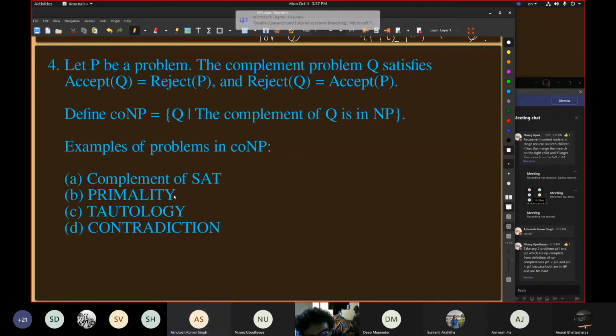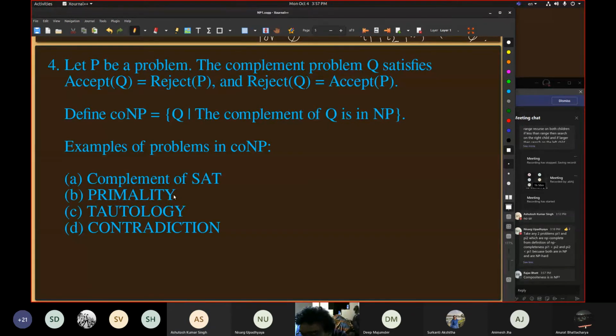Compositeness is in NP because in order to prove some number to be composite, all that suffices is to produce a non-trivial divisor of that integer. Primality is almost the complement of compositeness, because 0 and 1 are neither prime nor composite. So apart from this small thing.